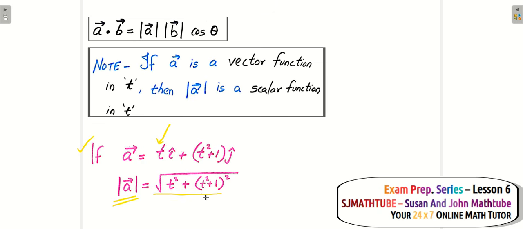It's not a constant, but a function in t. That is exactly what this note implies: if you have a vector function in t, then the modulus will be a scalar function. So A generates vectors and the modulus of A generates scalars.